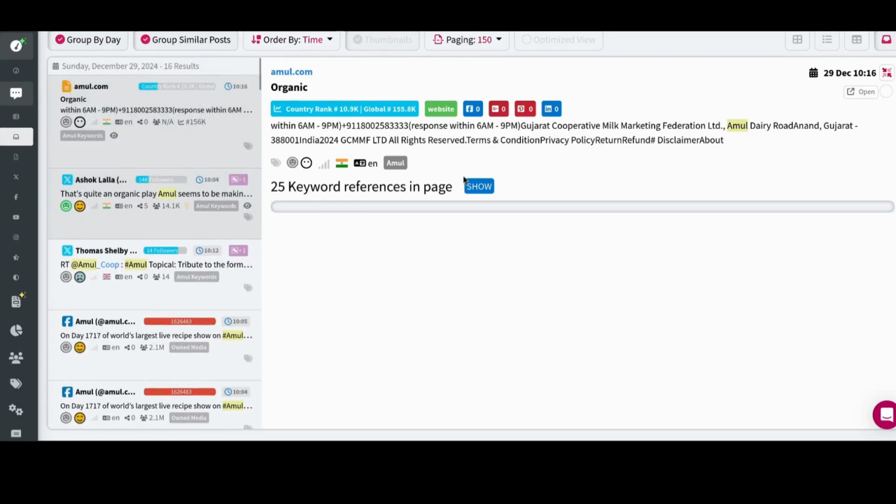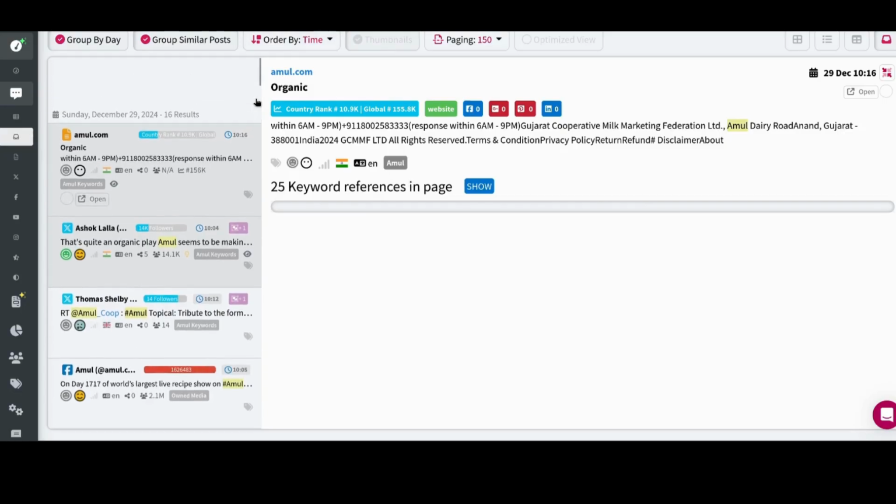So it can directly connect to them and understand. The inbox acts like a central hub for interactions, allowing Amul's social media team to track messages, respond quickly to customers, and mitigate any harmful or negative results due to any campaign, and to resolve any other issues.